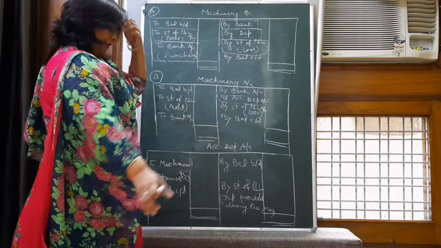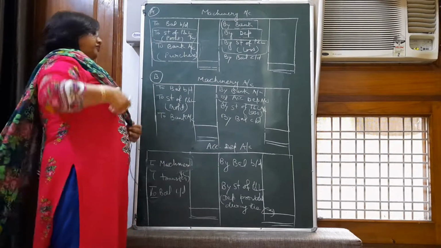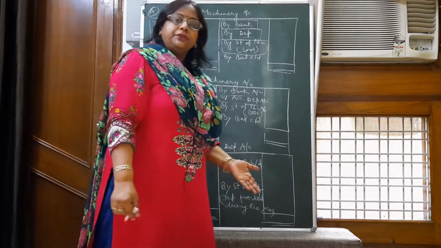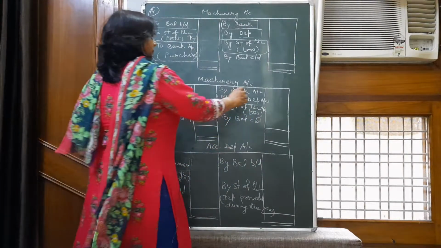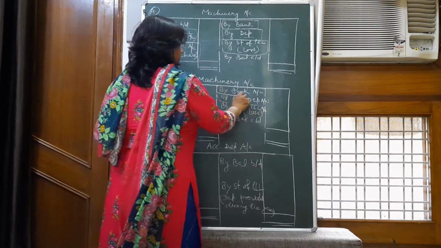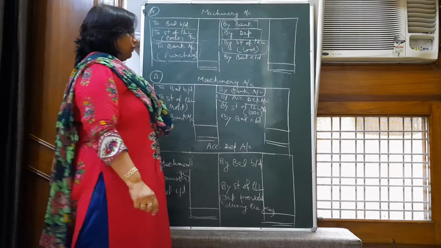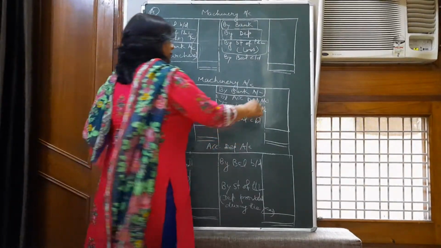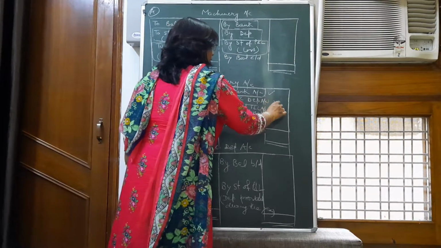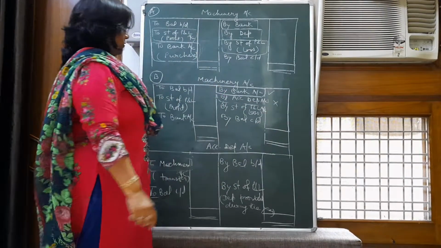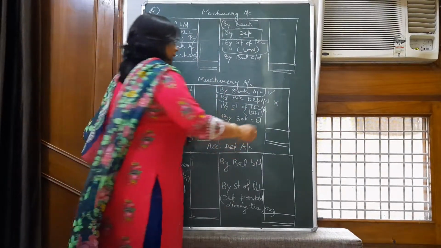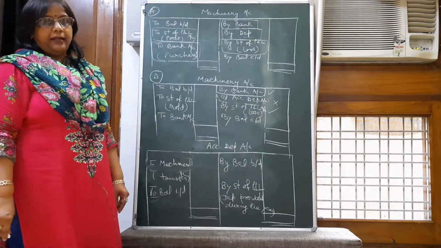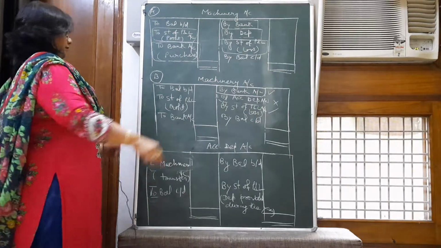Accounts we have prepared, and in accounts we are using different things, but which items are to be used in cash flow statement? By bank account, that will be shown as an inflow in investing activity. By accumulated depreciation, it won't be shown in cash flow statement anywhere. By loss on sale of asset, that will again be added back in operating activity.